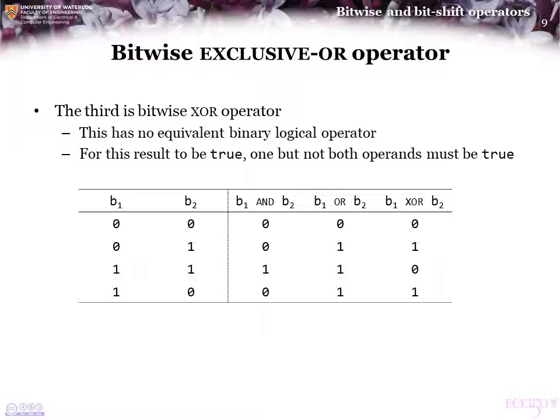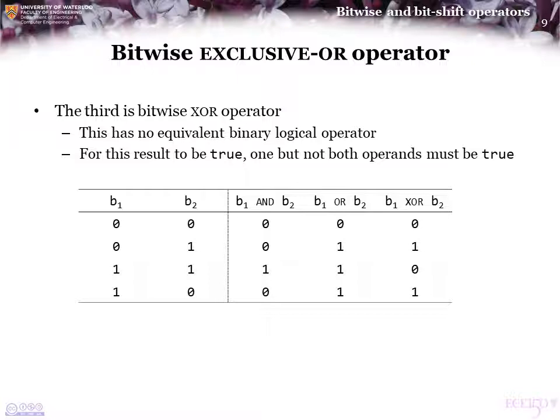So unlike OR, which is true if either of the operands is true, the XOR operation is true only if one of the operands has a value of 1 in a particular location.